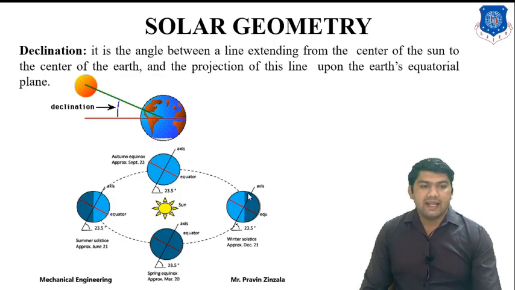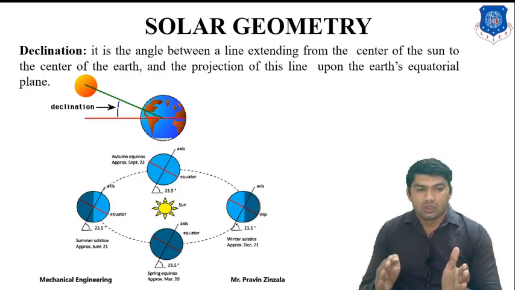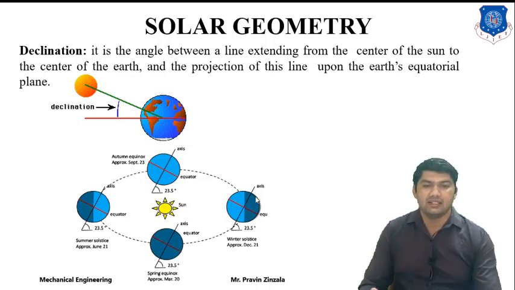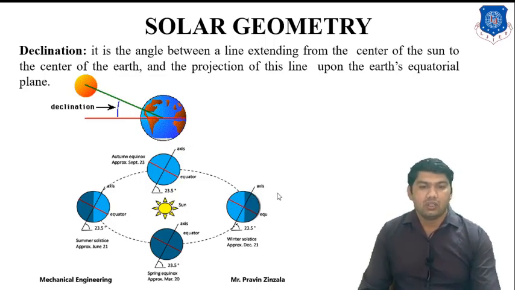Due to the inclination of earth with the vertical plane, we have a declination, because our earth is not exactly vertical, it is slightly inclined on the north-south pole. The angle is generally 23.5 degrees, but it also changes slightly according to our earth's position with respect to the sun.